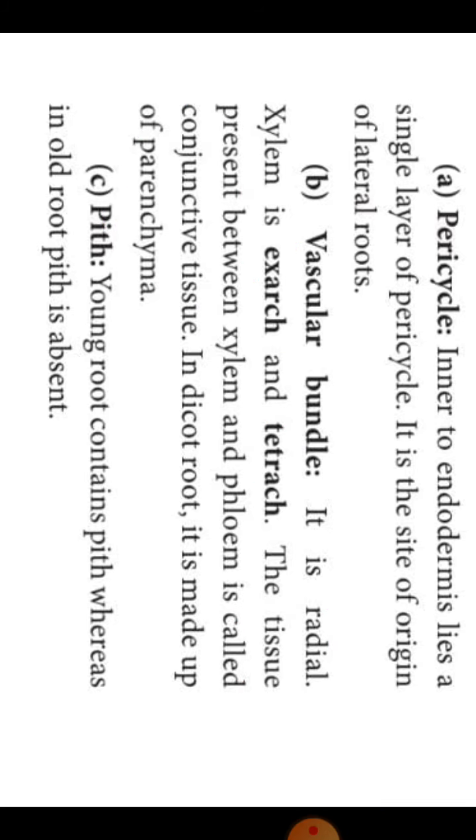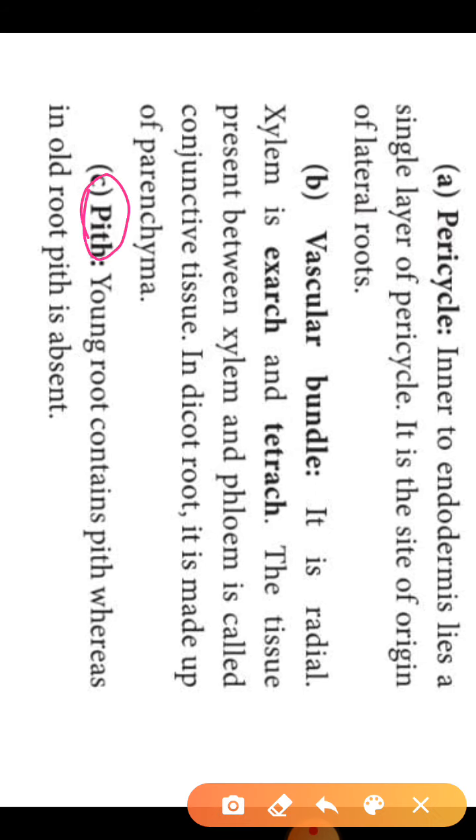Next one is pith. Young root contains pith, whereas in old root pith is absent. Spongy white tissue lining is called pith.